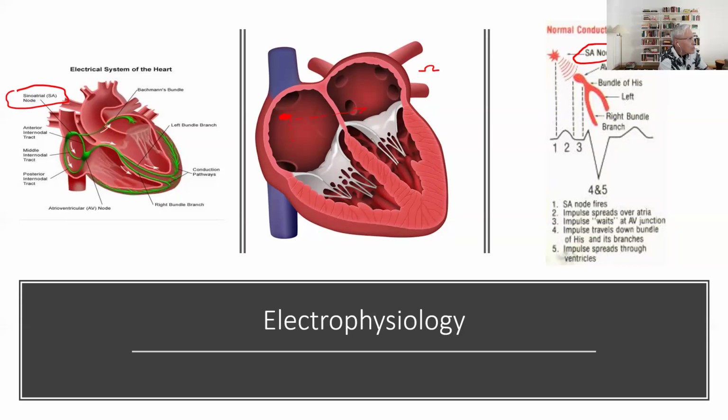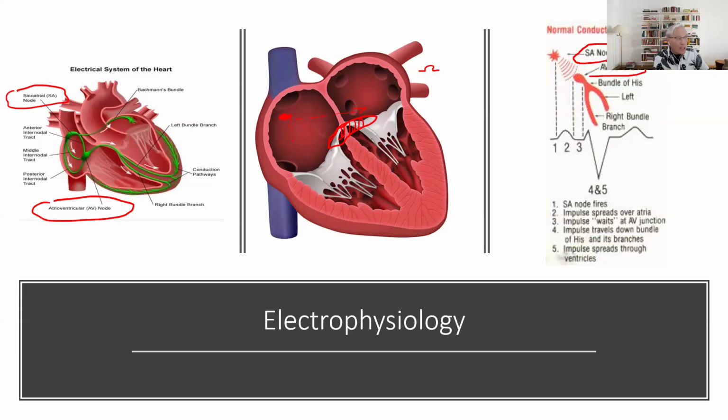Now, the impulses further are going to go into a specialized area right over here, and this is what is known as the AV node. The AV node is an area which serves as a junction between the atria and the ventricles.